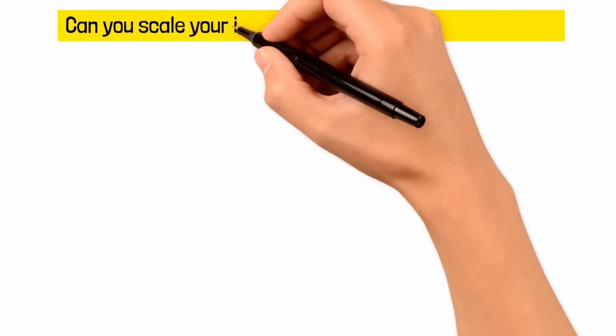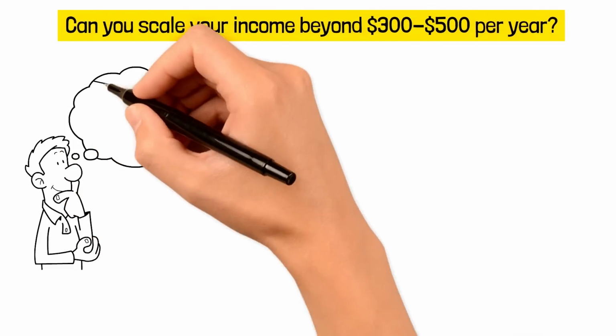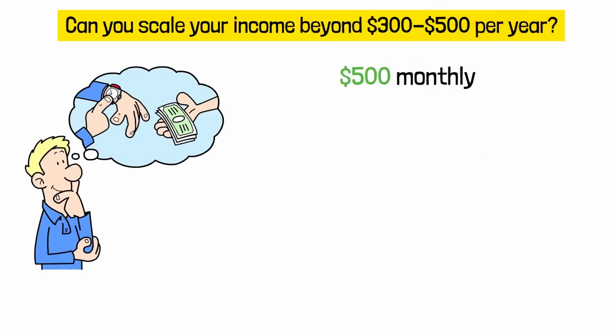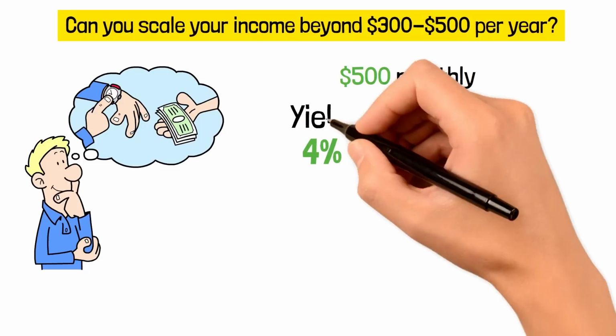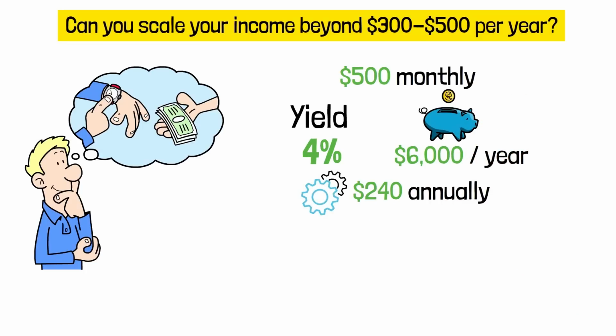Can you scale your income beyond $300 to $500 per year? Absolutely, but it takes time and additional capital. If you add $500 monthly to your portfolio at a 4% yield, you'd contribute $6,000 per year, generating an extra $240 annually.